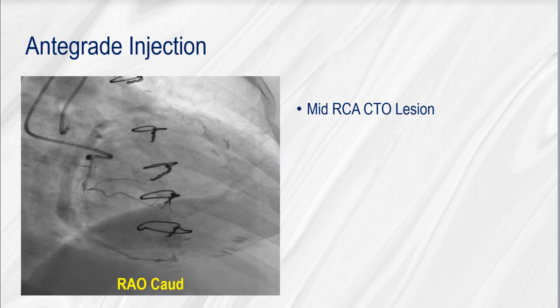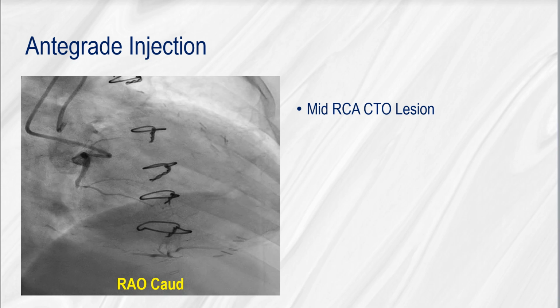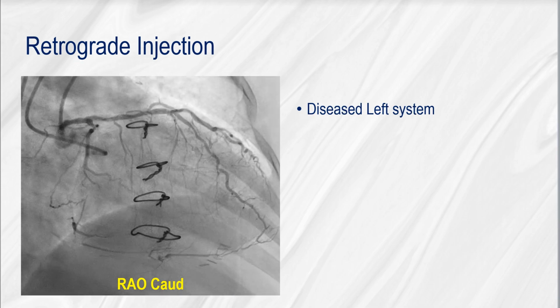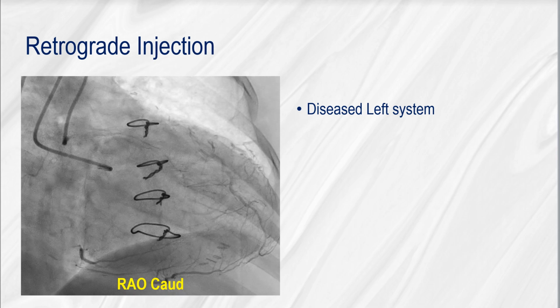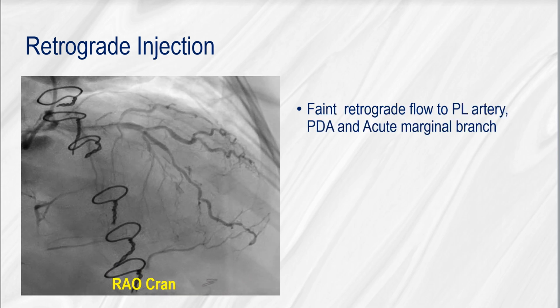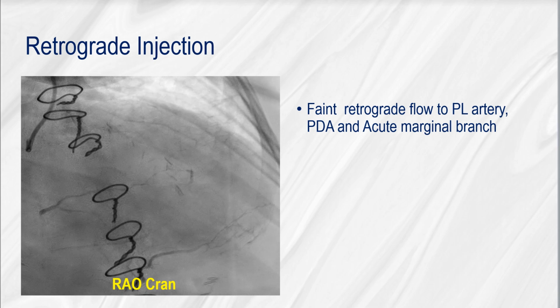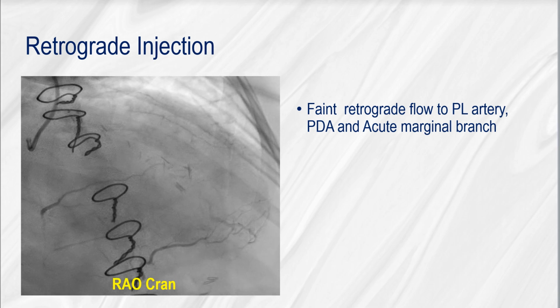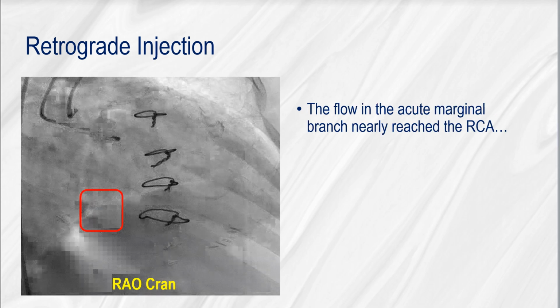Case number 7. With antegrade injection, there is mid-RCA CTO lesion, while with retrograde injection, there is a diseased left system. With retrograde injection, there is a faint retrograde flow to the posterolateral artery, PDA, and acute marginal branch.